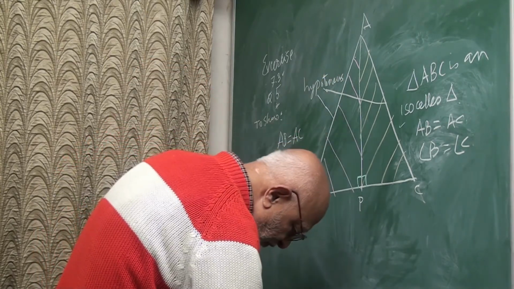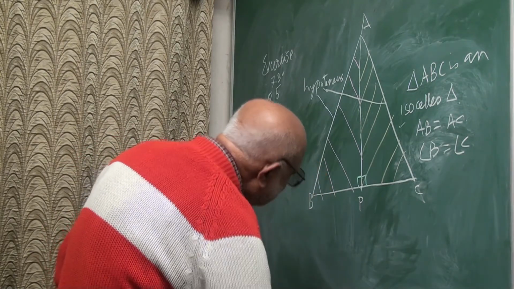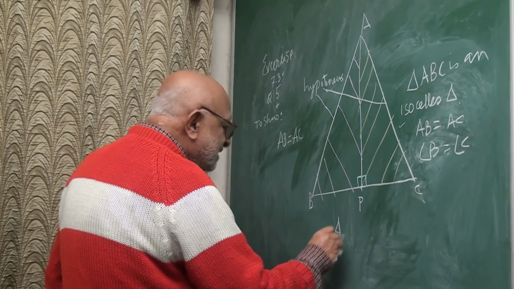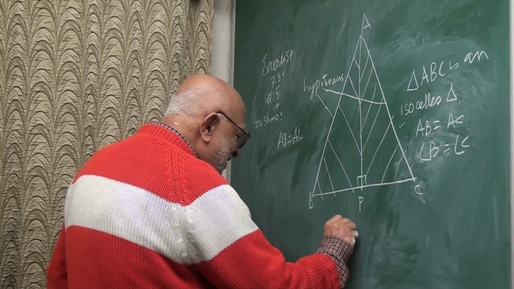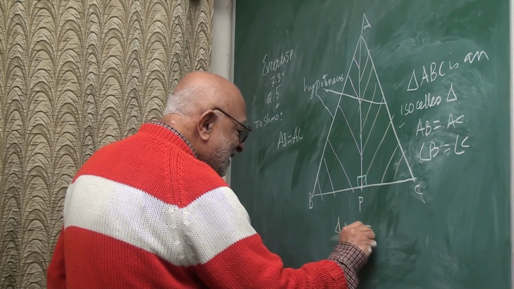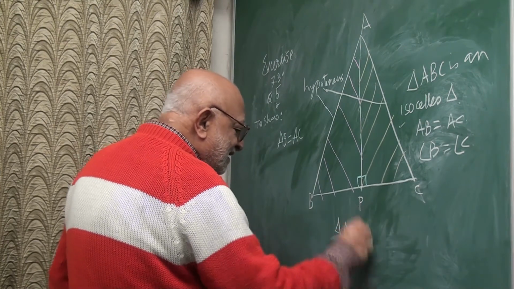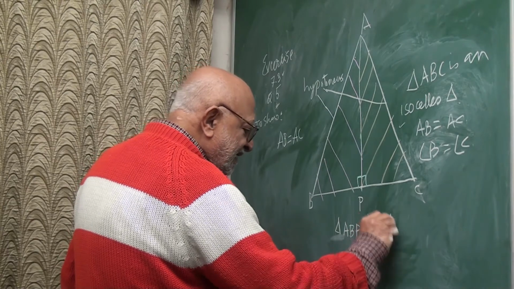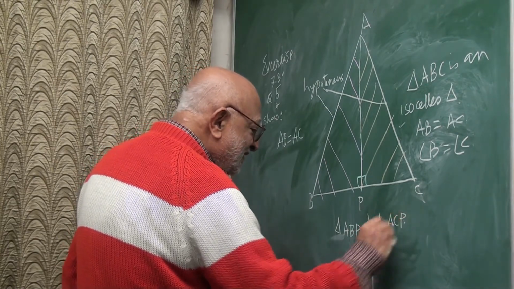So I can prove these two triangles are congruent. So let us take triangle ABP and triangle ACP.